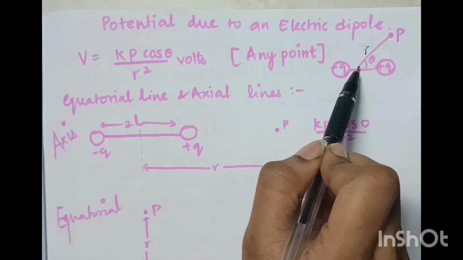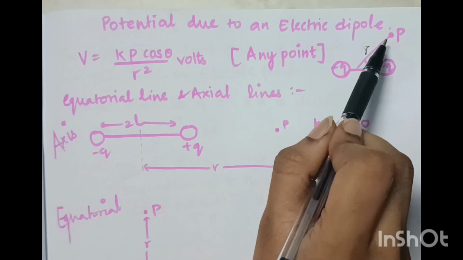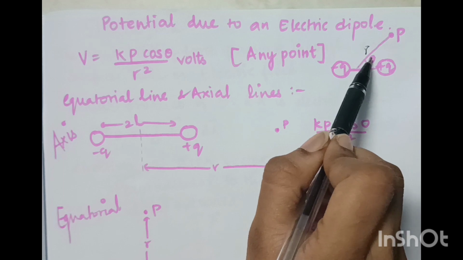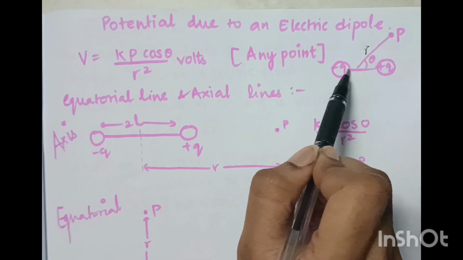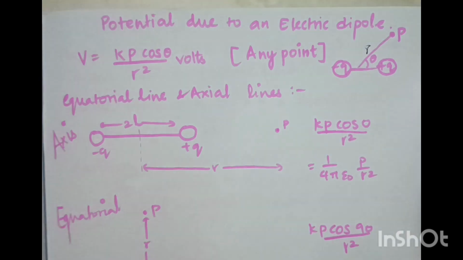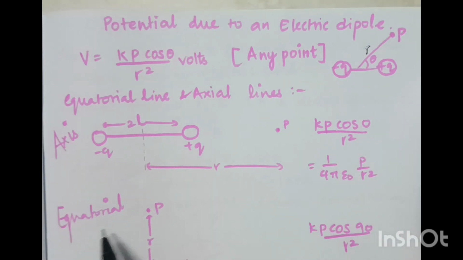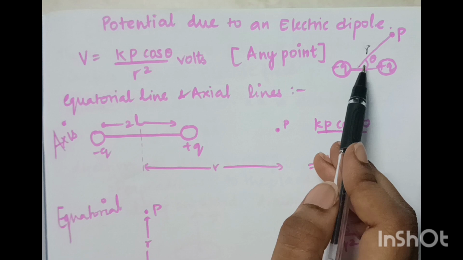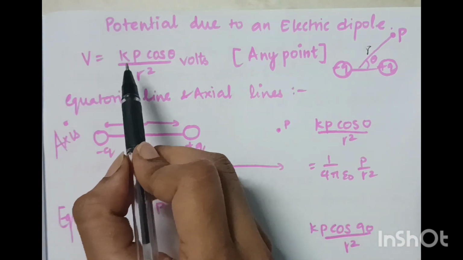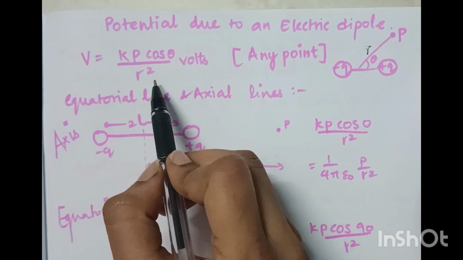The distance from the center to the point P is r, and the angle made by this r with the dipole moment is theta. Now we are going to consider that angle also. Please note that point.